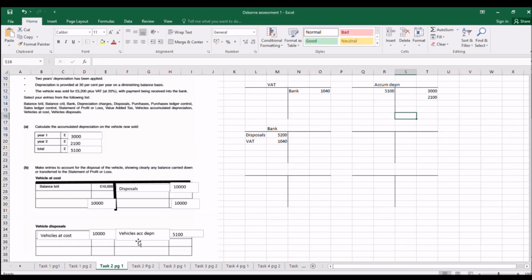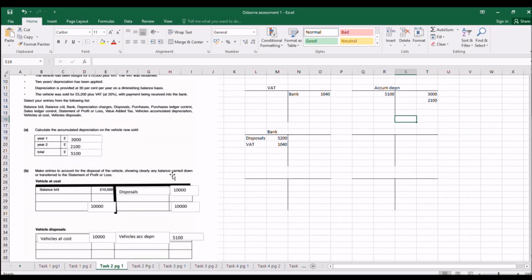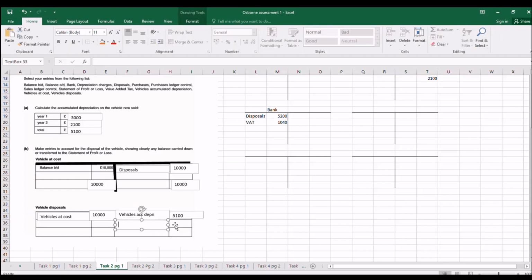We've now also got this bank figure in here. So we've got a bank available to us. There we go. That's quite nice. Insert our shape. We've got our bank in here, and that one is going to be 5,200.